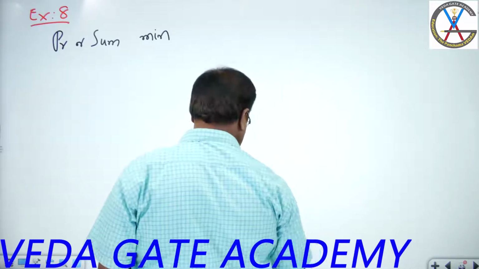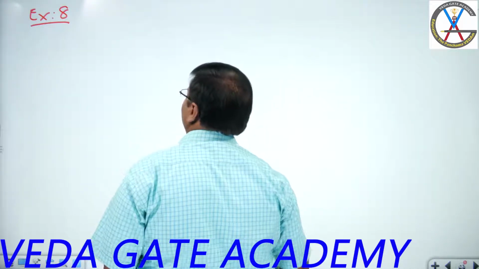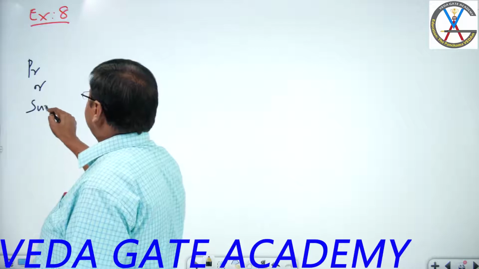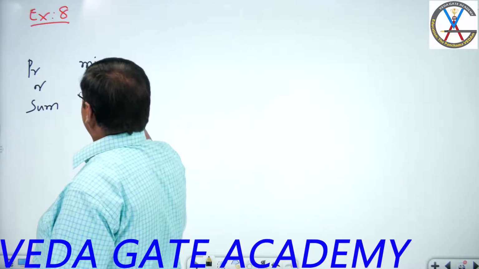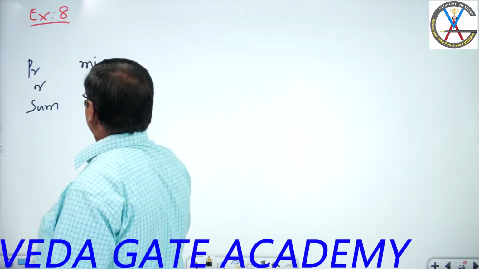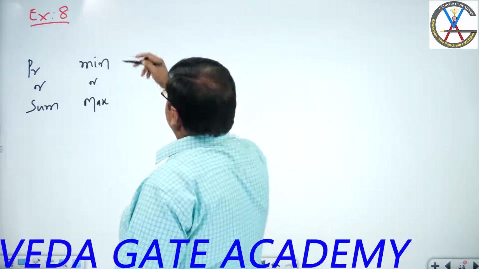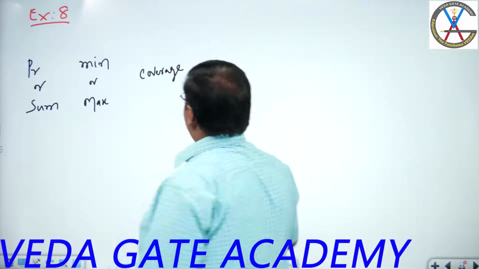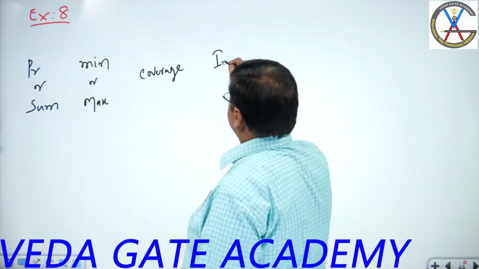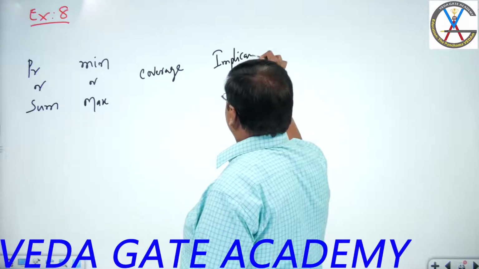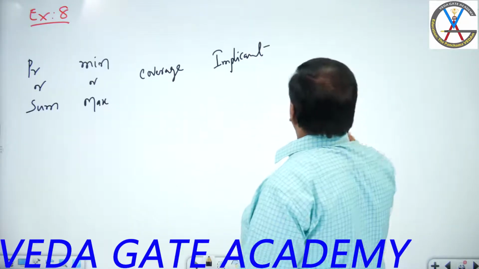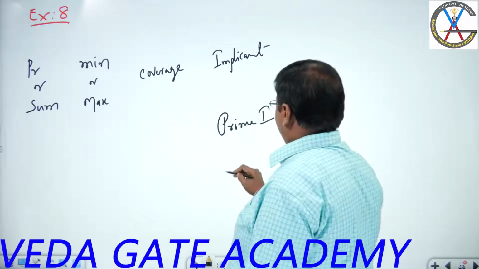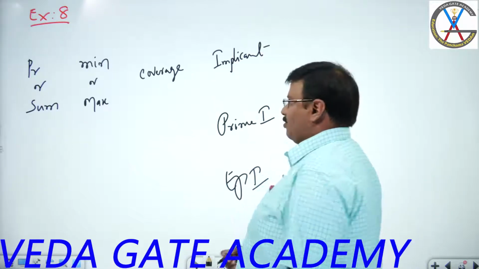So let's do it like this: product or sum, min or max, coverage, implicant, prime implicant, E prime implicant. This is how the chain we learn, right?